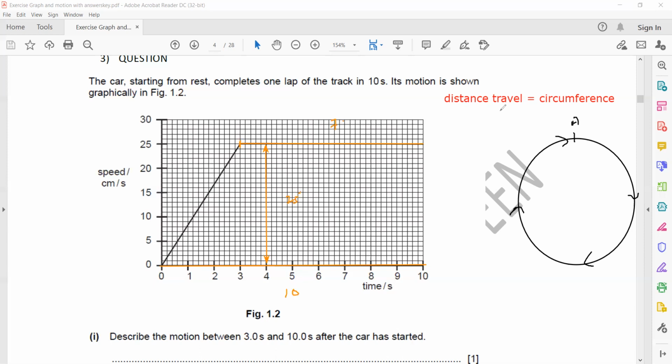The distance traveled is the area under the graph, and the area of the trapezium is the sum of the parallel sides divided by 2 multiplied by height. One parallel side is 7, the second parallel side is 10, so 7 plus 10 is 17, divided by 2 and multiplied by the height, which is 25.